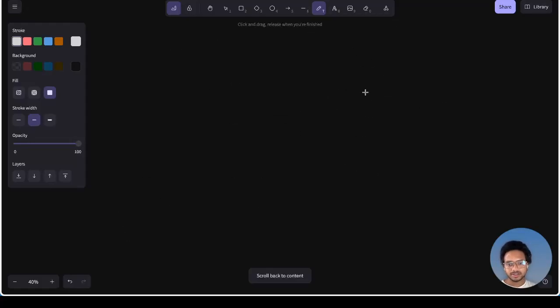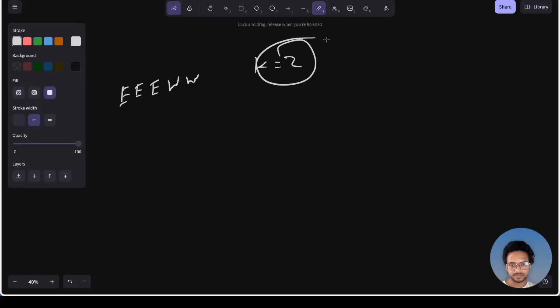If I give you one more example, for example, your string is E, E, E, W, W, and the value of k is 2. If I draw it here, you're given 0 here.